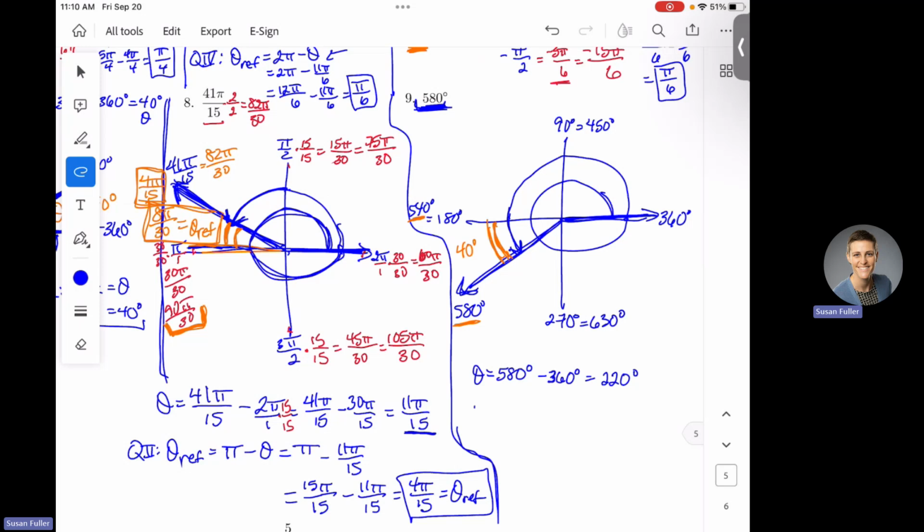And then this is in quadrant 3. And in quadrant 3, my formulas say that my reference angle should be theta minus 180 degrees. And so I'm going to take the theta here, which is my coterminal angle that's positively rotating in one rotation of the circle. That's 220 degrees minus 180 degrees. That gives me the same 40-degree reference angle that we got by logicking it out.